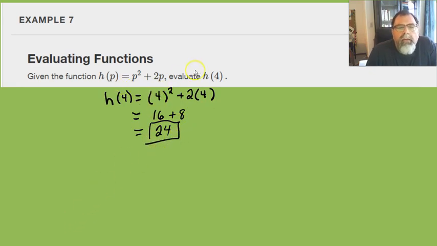So the input value is 4, and the output value is 24. Okay, so a lot of times we can say this is h and p is the input value.